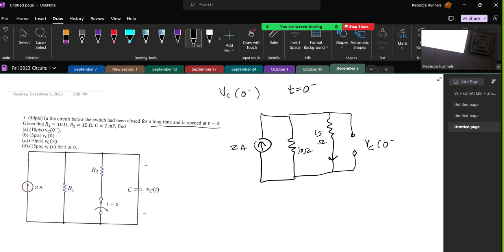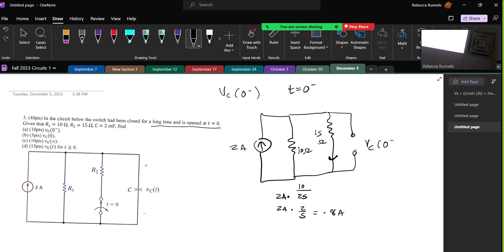this resistor would be 2 amps times the other resistor, which is 10, over 10 plus 15, which is 25. So 2 amps times 4/5, that's 0.8 amps.